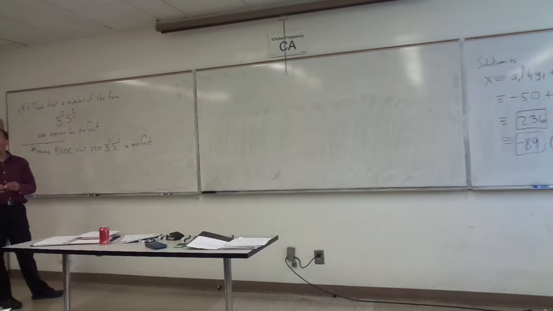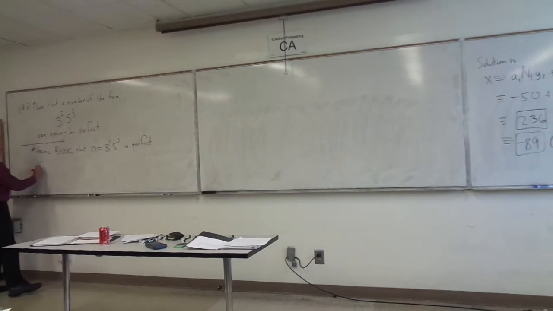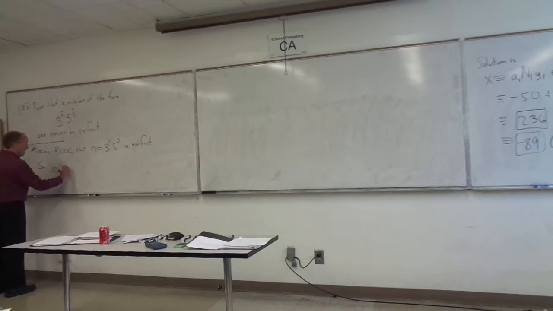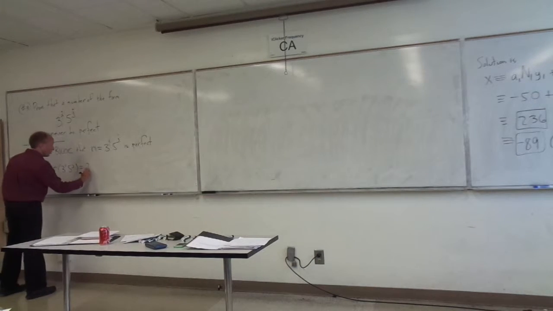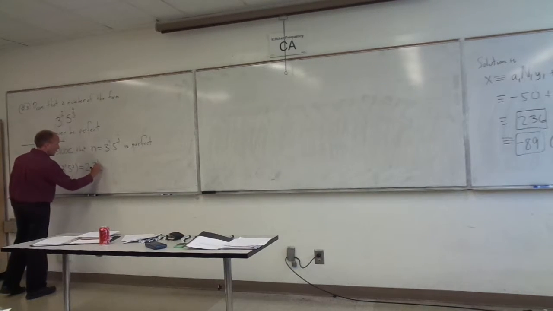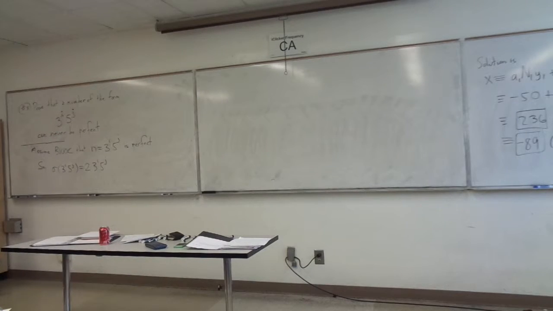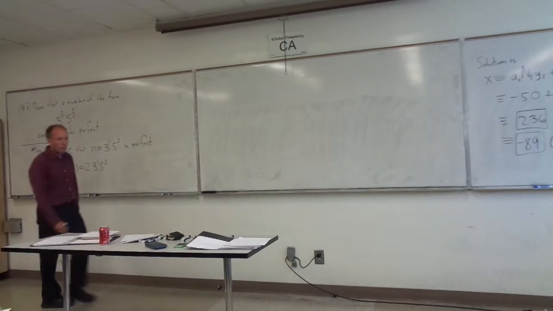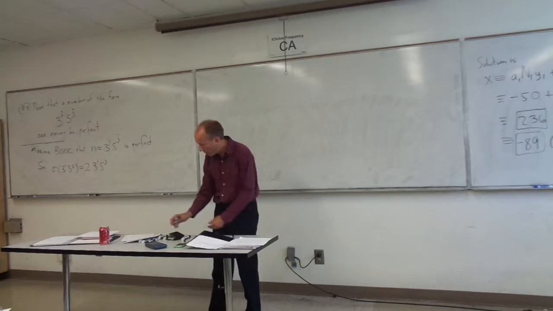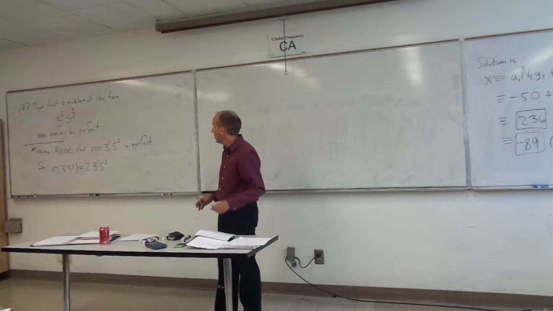And what's the definition of perfect again? Sigma of 3 to the i, 5 to the j would be equal to 2 times 3 to the i times 5 to the j. Okay, so that would be the equation that hopefully is going to give us a contradiction.